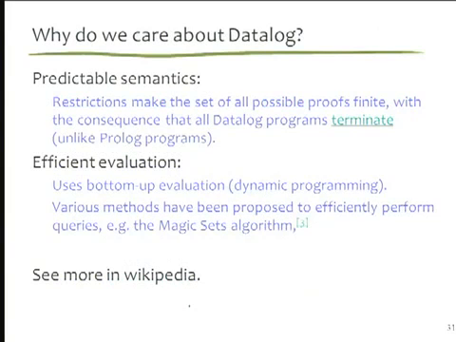But why is it interesting for us? First of all, it has predictable semantics. Not all Prolog programs terminate. If you gave them a left recursive grammar, they would just keep expanding the goal, and they would recurse forever, right?